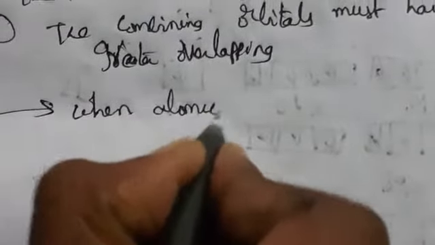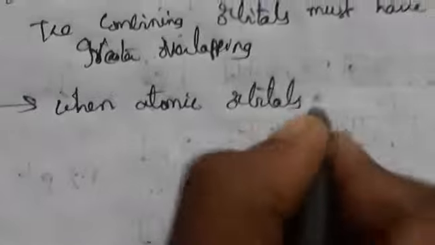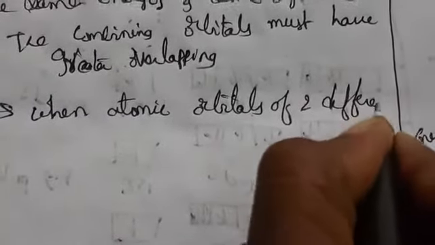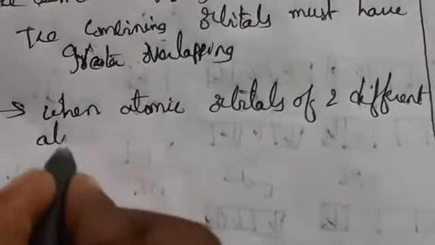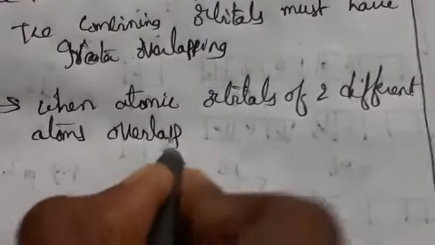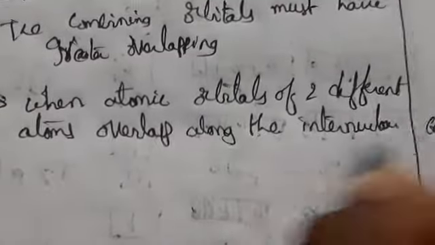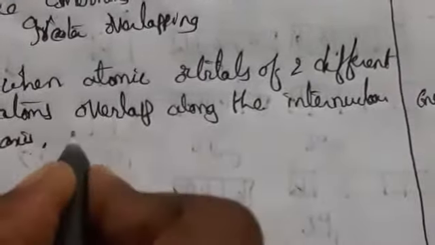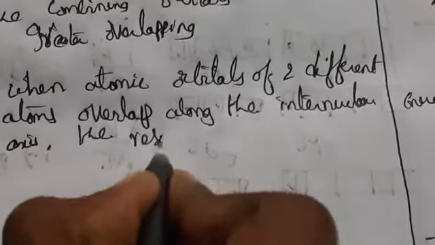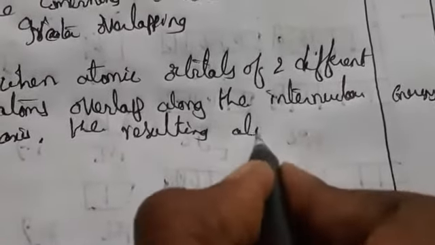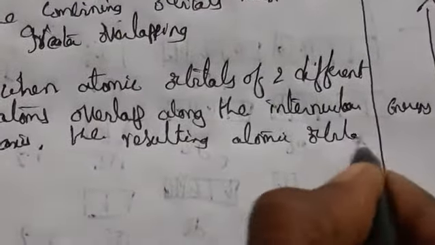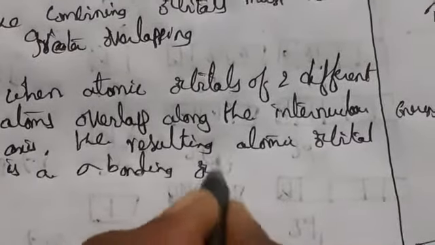So what we can say here: when atomic orbitals of two different atoms overlap along the internuclear axis, the resulting orbital is a sigma bonding orbital.